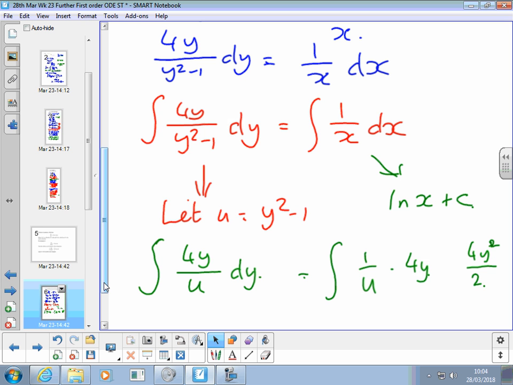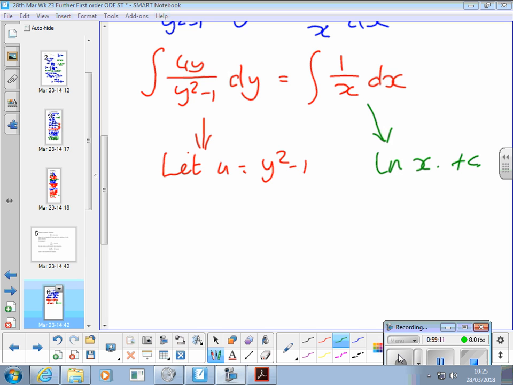But you can't pick it up, can you? We've got to differentiate this. dy by du is equal to... and then we've got to arrange that.